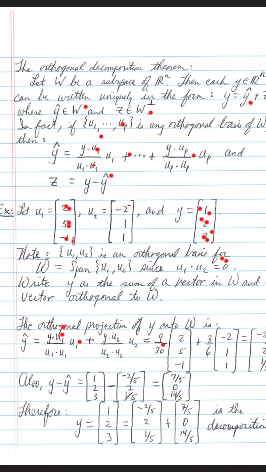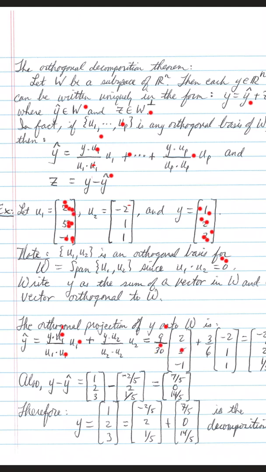That's where this 9 comes from. u1 dotted with itself: 2 times 2 plus 5 times 5 plus negative 1 times negative 1. Basically, you square each number and add them together. 4 plus 25 is 29, plus 1 is 30. And that's where this denominator comes from.